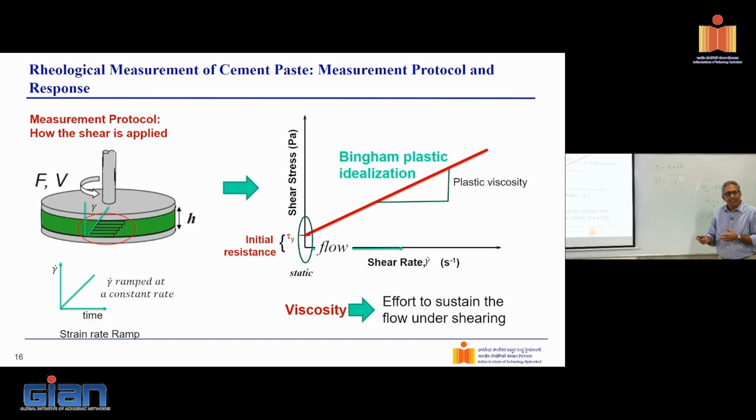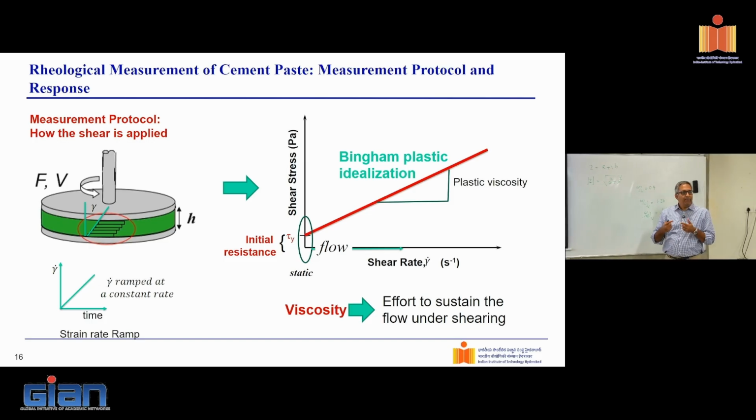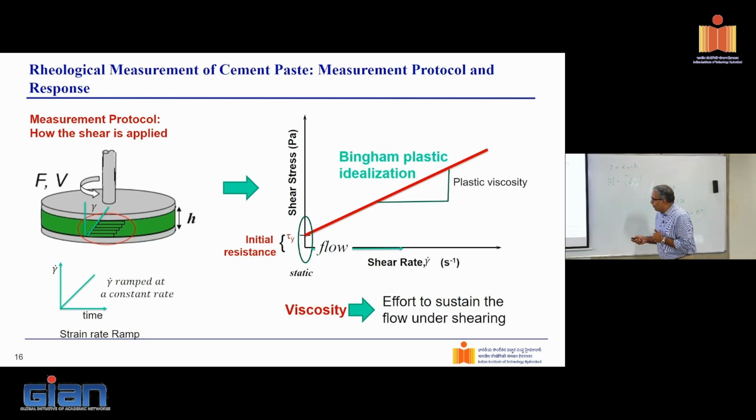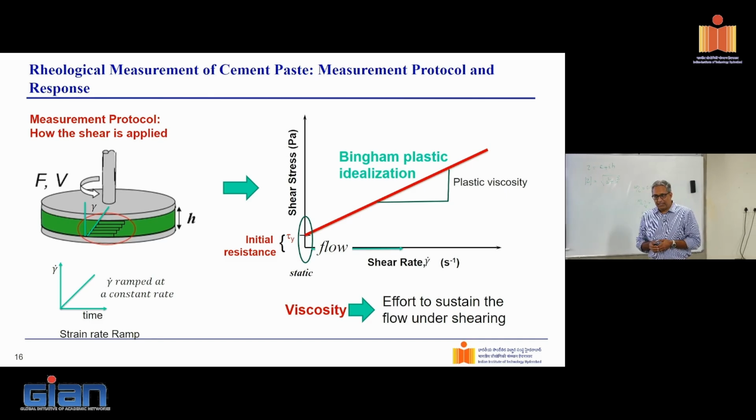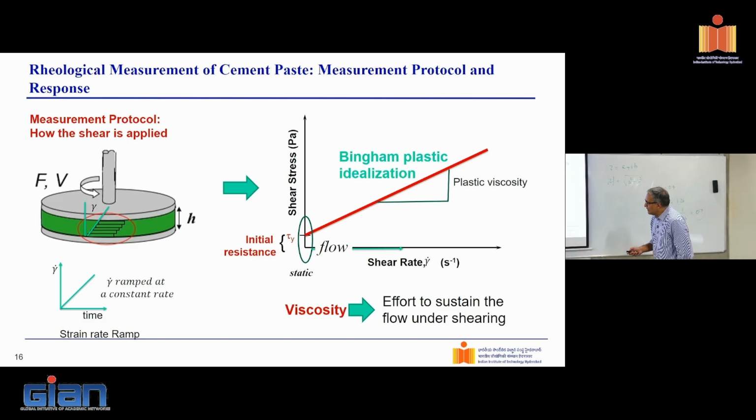We're applying a strain rate and measuring the resistance, so this initial value before the flow starts is my yield stress. But because it is coming from a different measurement, it is called the apparent yield stress. This is from the measurement protocol where I am increasing the strain rate at a linear ramp.